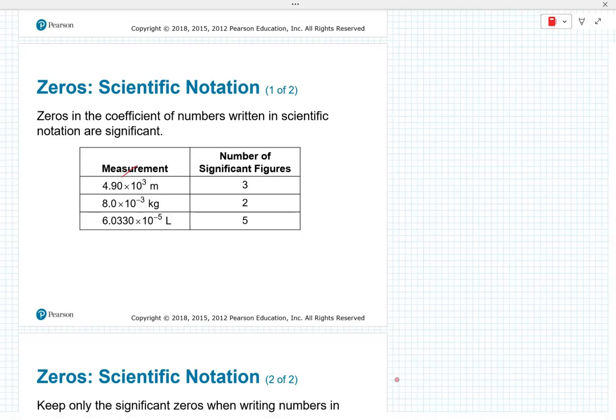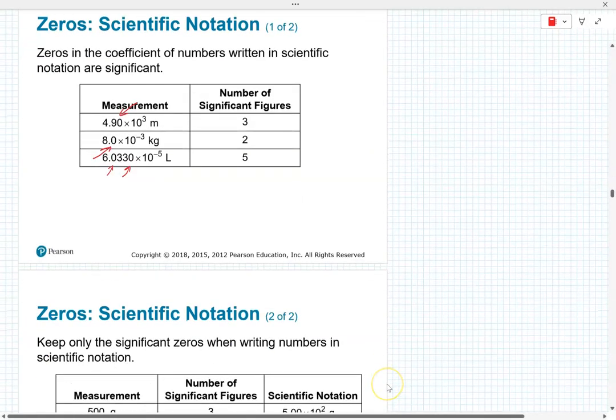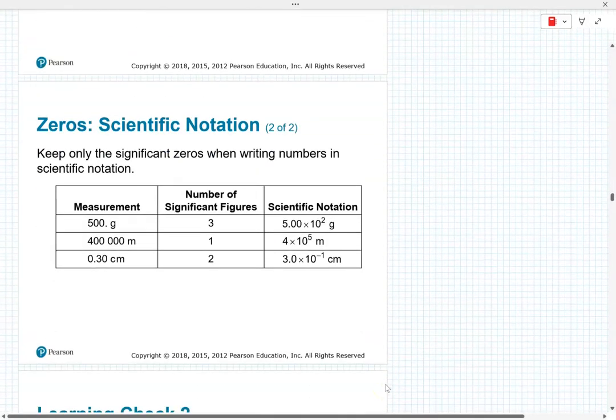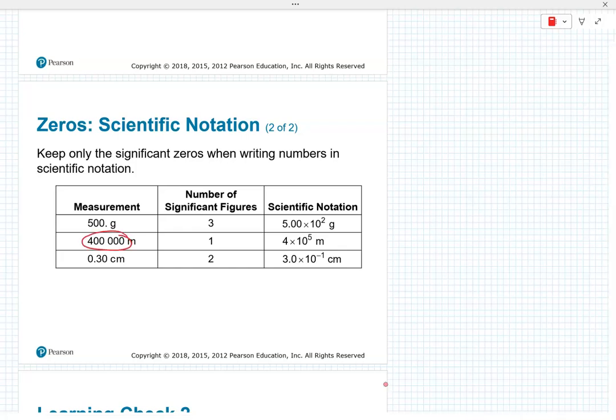So these trailing zeros, as we mentioned before, since they are past the decimal point, are always significant. In scientific notation, all zeros are significant. And thanks to Zach, this is a number that has only one significant figure because all the zeros are placeholders.